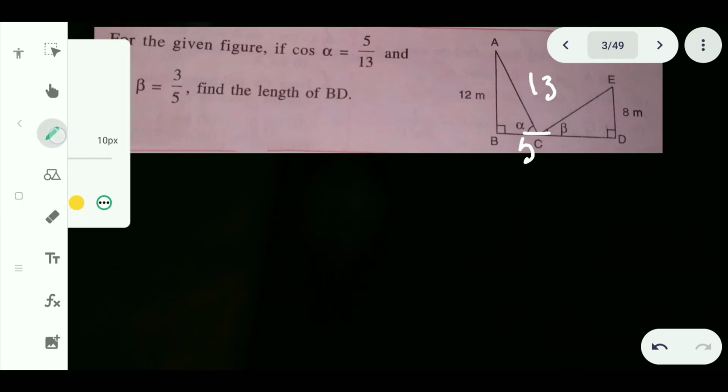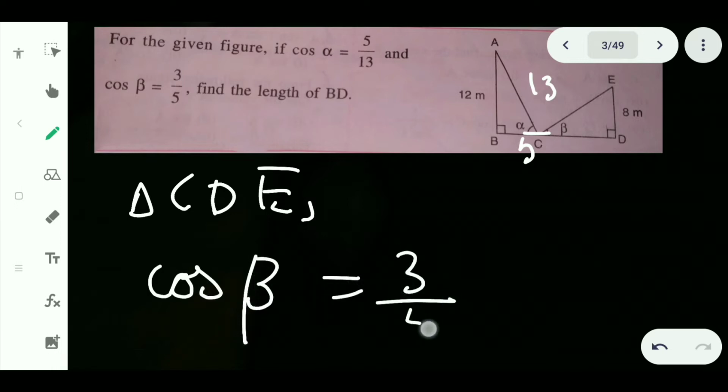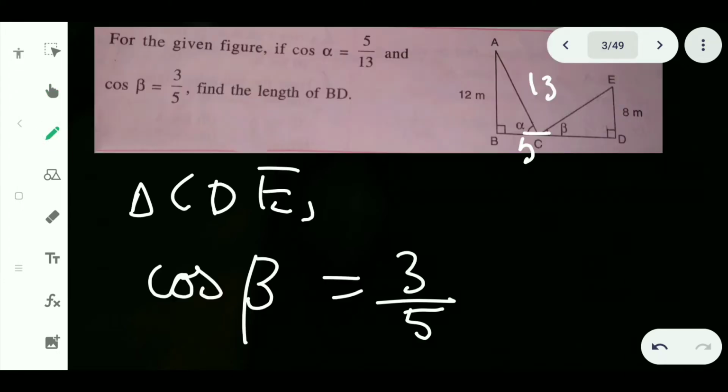Now take the second triangle, that is triangle CDE. Cos of beta is equal to 3 by 5. Just calculate what is the cos of this angle beta, that is CD by CE, adjacent by hypotenuse.